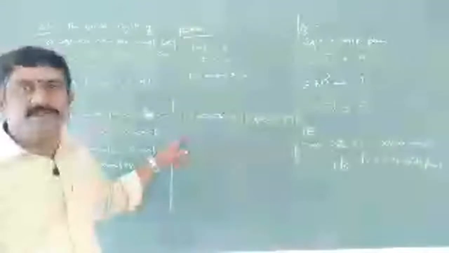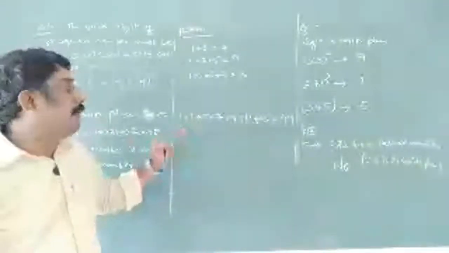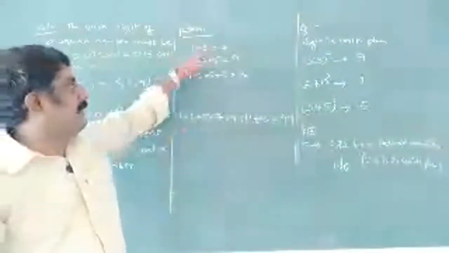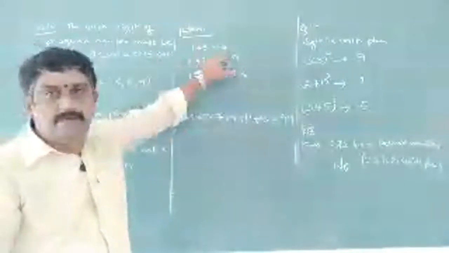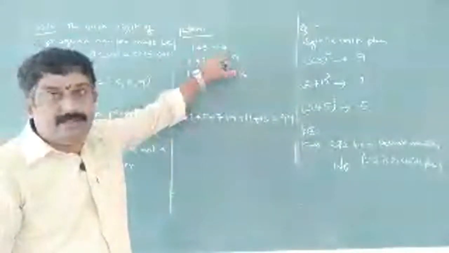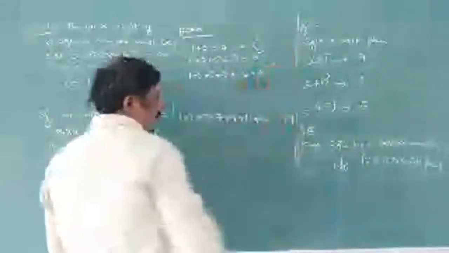You observe here. 1 plus 3 is 4, and 4 can be written as 2 square. 1 plus 3 plus 5 is 9, and 9 can be written as 3 square. 1 plus 3 plus 5 plus 7 is 16, 4 square we are writing here.